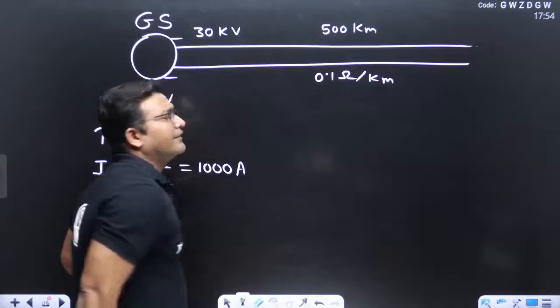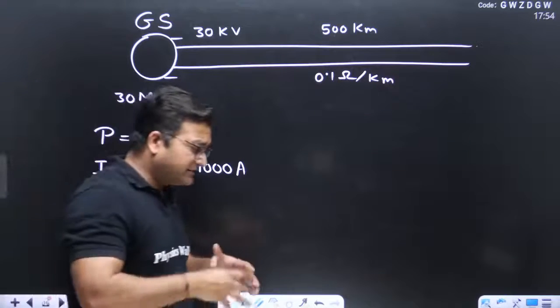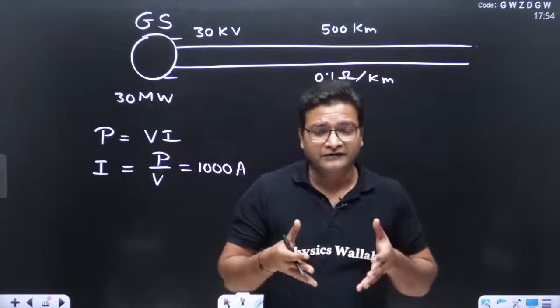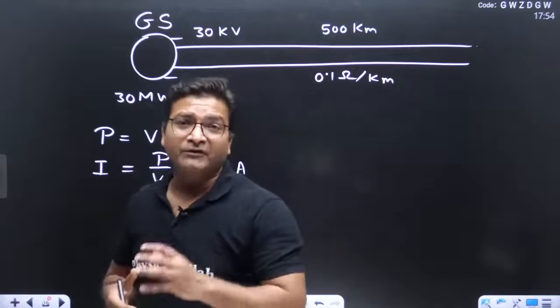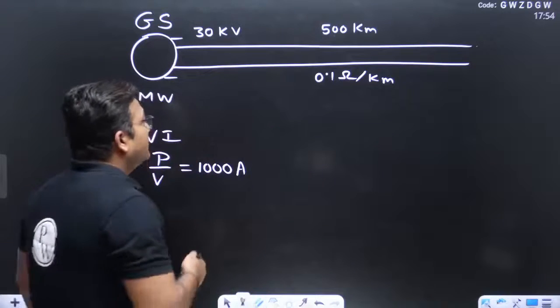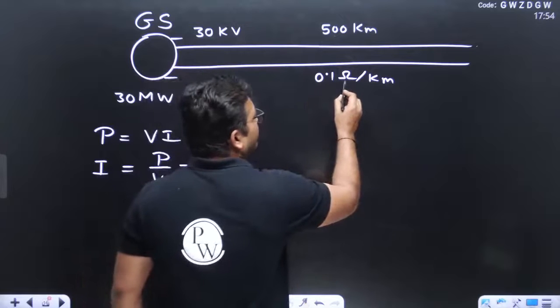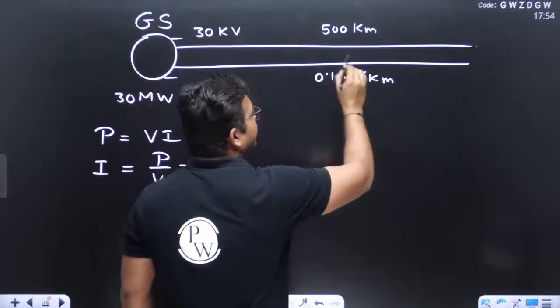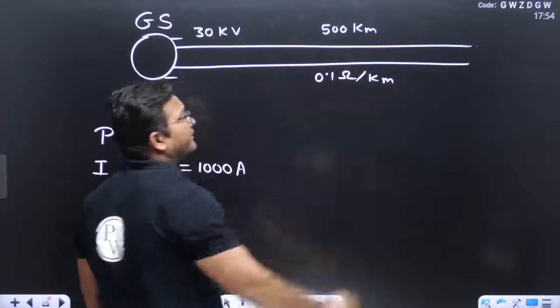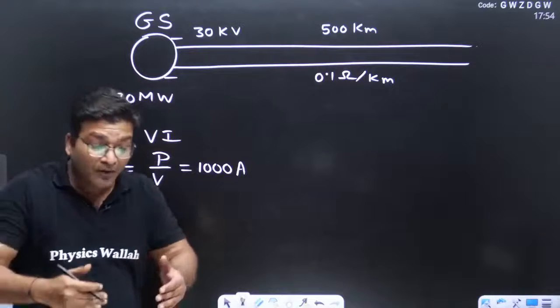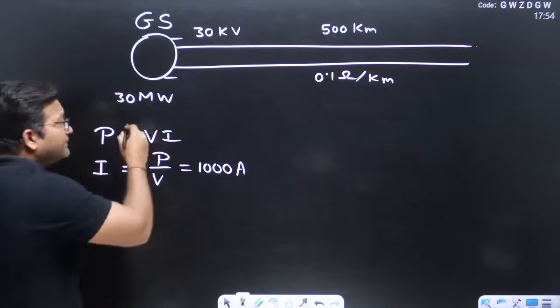That is a very small resistance. Obviously the wires are thick, the resistance is small because R is proportional to 1 by A, 1 by cross sectional area. So if we have 0.1 ohm resistance per kilometer in the lines, in 500 kilometers we have 50 ohm resistance.